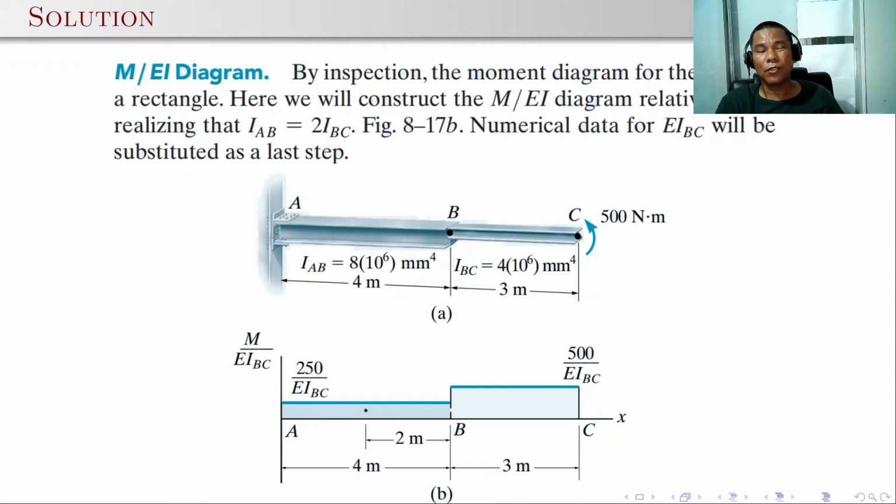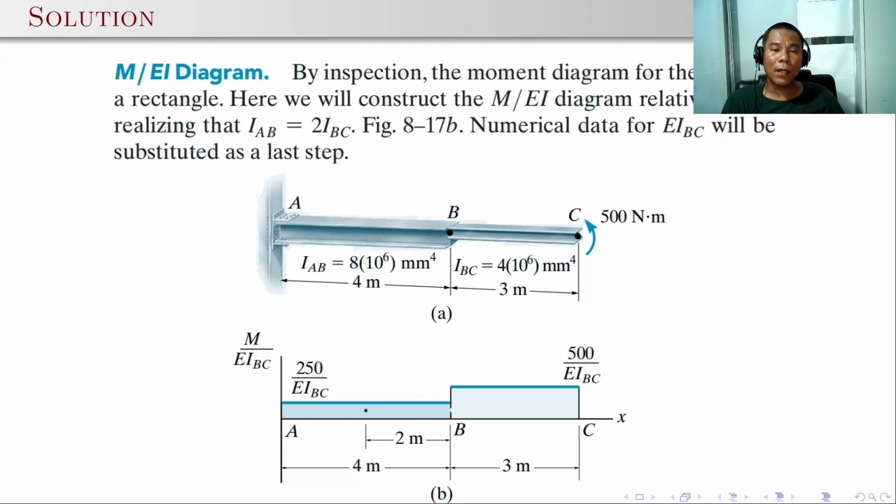So you don't need to compute the reaction for this particular beam. You can directly construct the M over EI diagram with respect to the 500 Newton meter. Again, take note that the moment of inertia of segment AB is twice the moment of inertia of segment BC. So you can just use that to simplify the M over EI diagram.